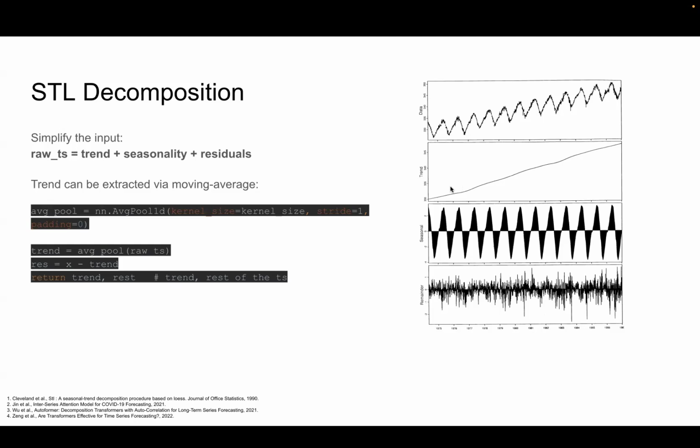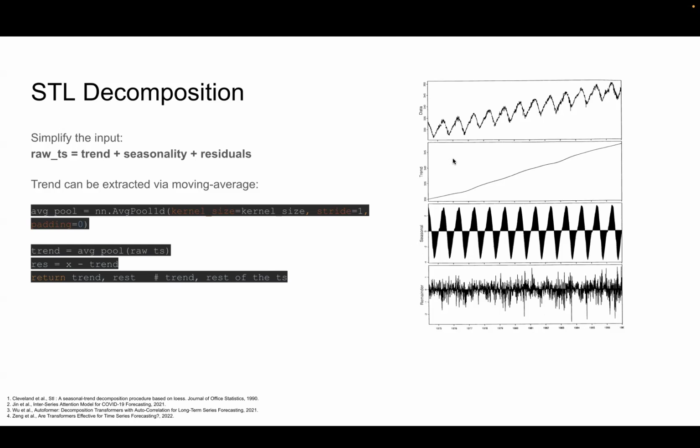And if we're dealing with neural networks, one way to extract the trend is by doing average pooling. Last week we talked about convolutions, and if you apply a convolutional filter with ones everywhere, you're effectively just smoothing out the original time series.